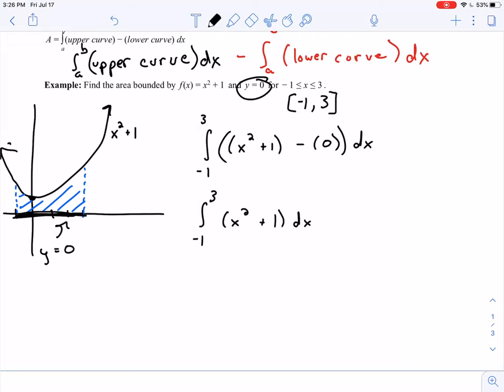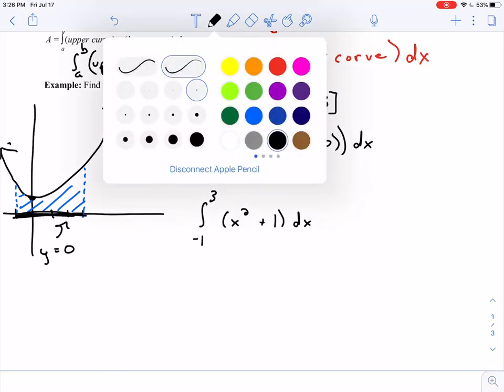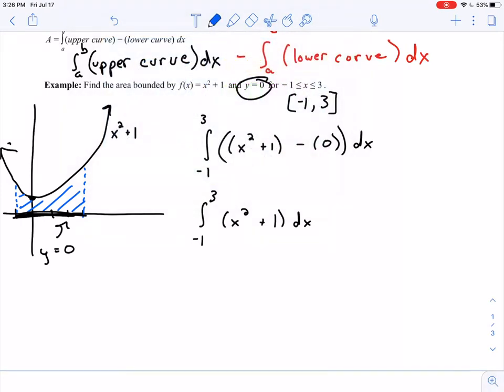And we can just integrate this. So let's find our antiderivative. Our antiderivative should be x cubed over 3 plus x, and I'd like to evaluate that at 3 and negative 1.